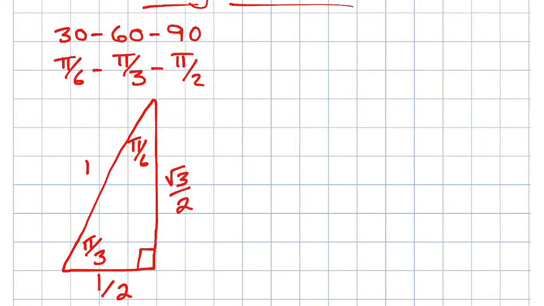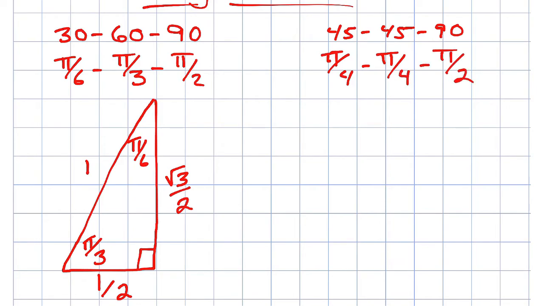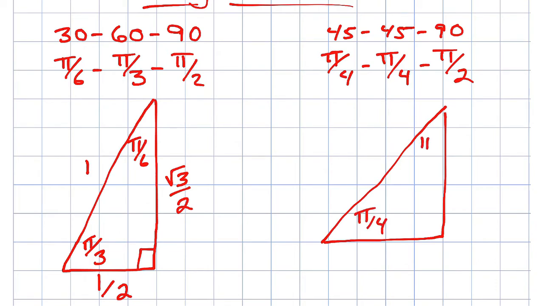Now if you have a 45, 45, 90 triangle, remember 45 degrees is pi over 4. So it's pi over 4, pi over 4, pi over 2. That's the other special triangle that you would need to know by heart. This is pi over 4, and so is this one up here, because it's an isosceles right triangle.